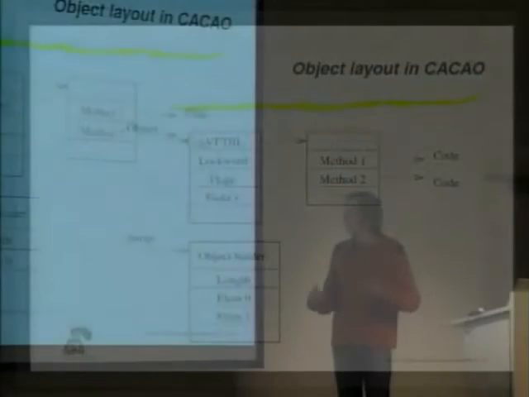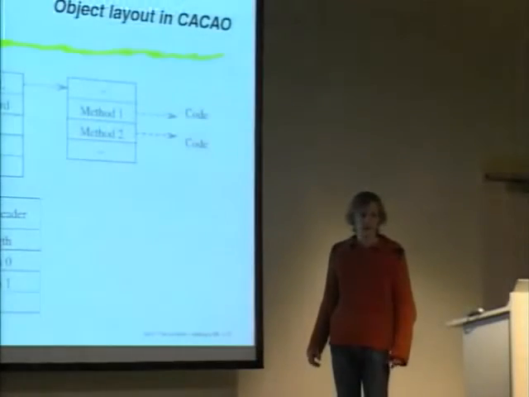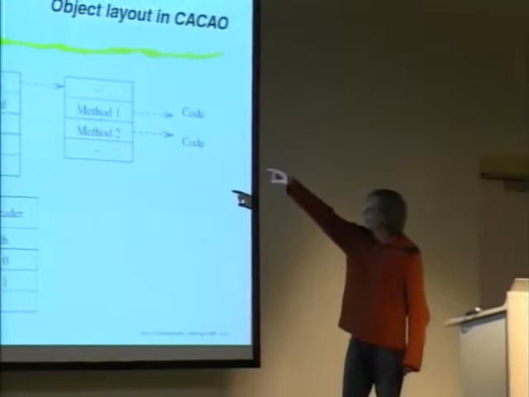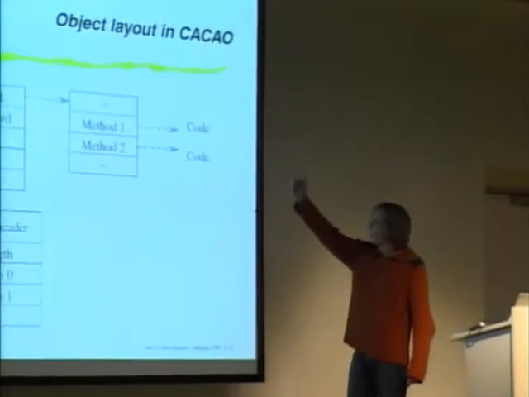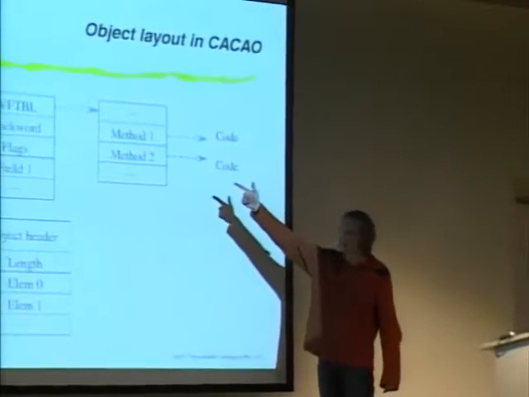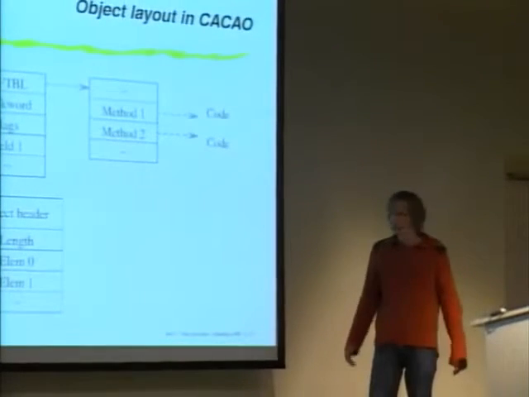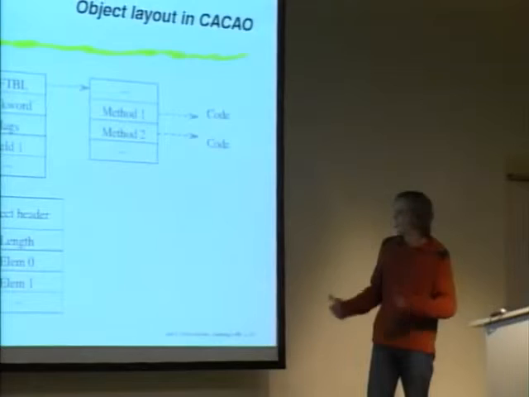Then the name of the method is converted to a method index, and this index is used to load the entry point of the method from this virtual function table. And finally, the executable code is called.